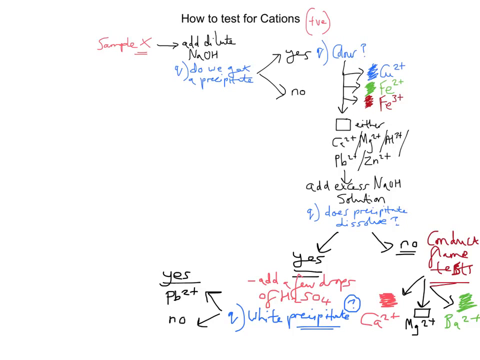If the answer is no, if we don't get a white precipitate forming, then what we need to do is add ammonia solution to some fresh solution in excess.